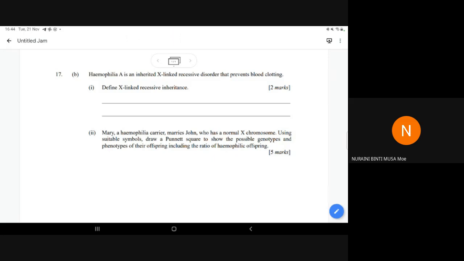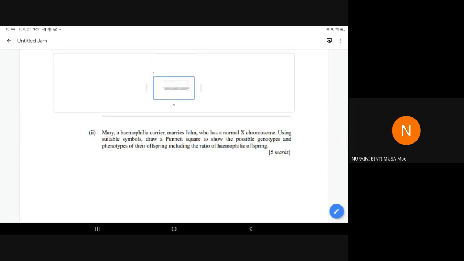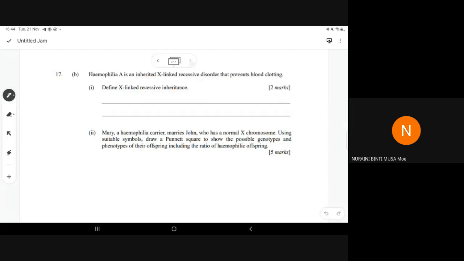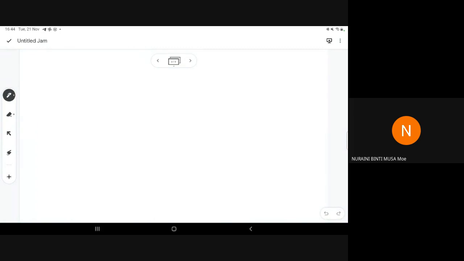If you look at a normal crossing, let's take a monohybrid yang simple monohybrid, right? Monohybrid yang simple, if it's not on the sex chromosome, any chromosome can do one. We have 23 chromosome, mana-mana pun tak apa except for chromosome number 23.